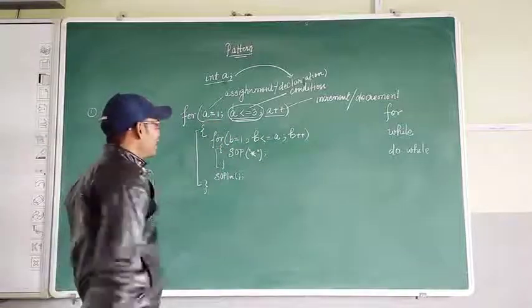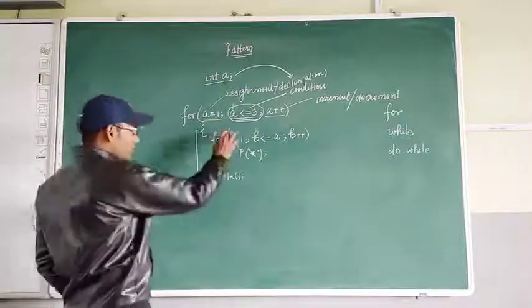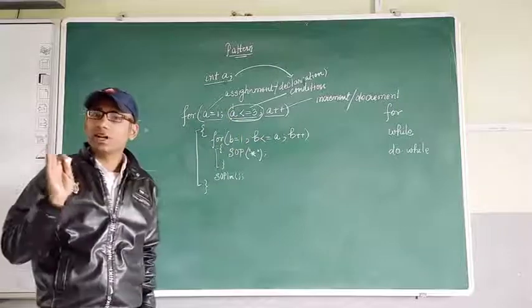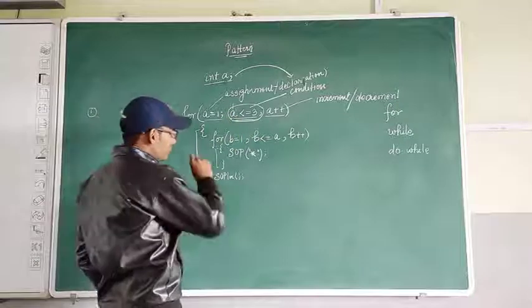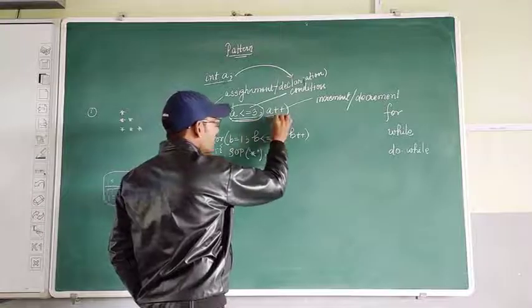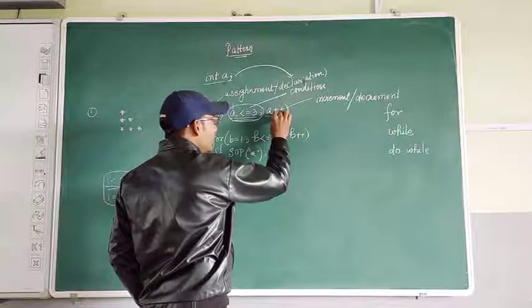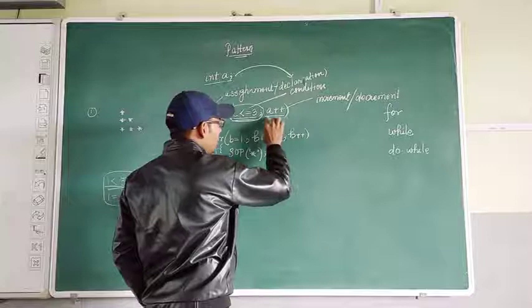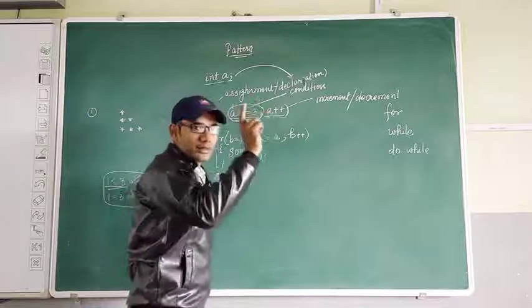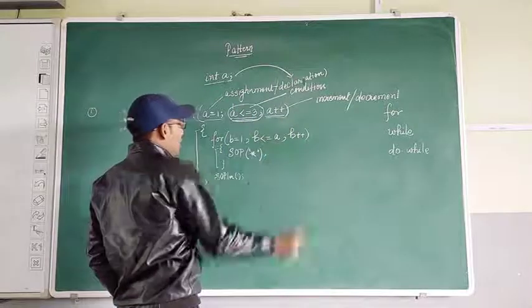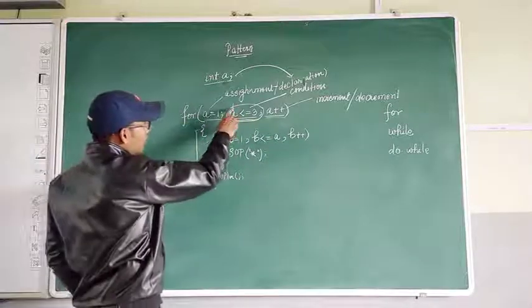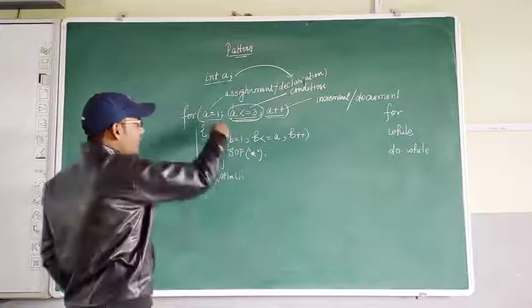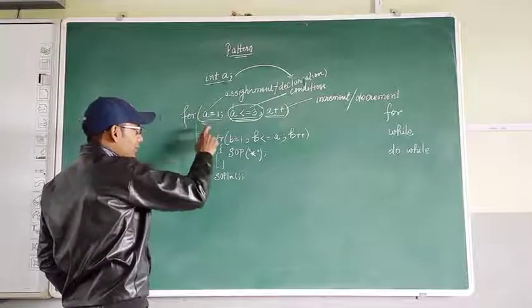So, inside that, what happens? Current value of a is how much? 1. Okay? Remember that. Now, this part will be executed at last. Current value of a is 1. Now, since 1 is less than 3, we will get inside the boundary limit.